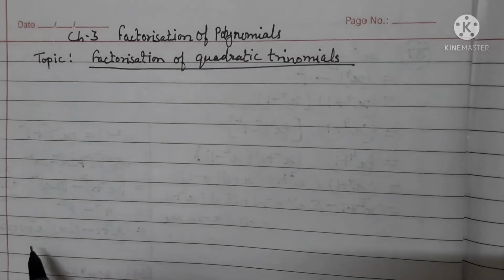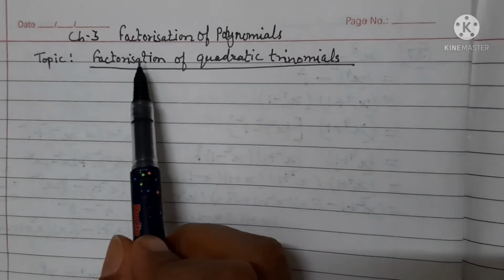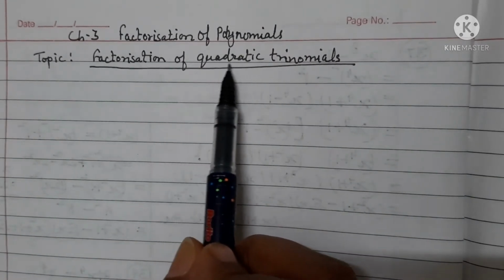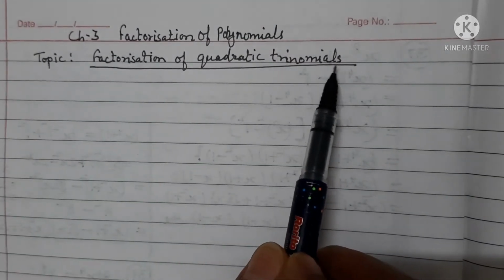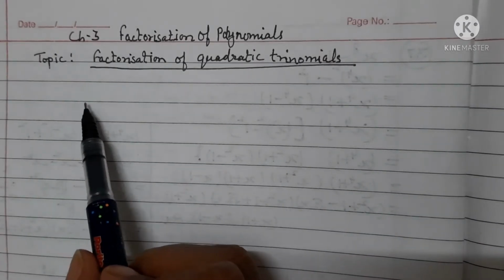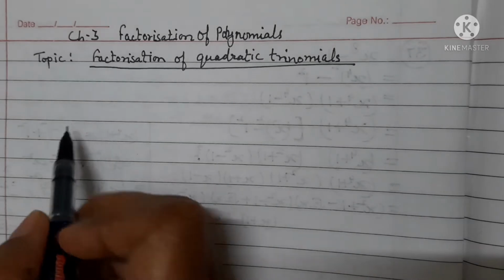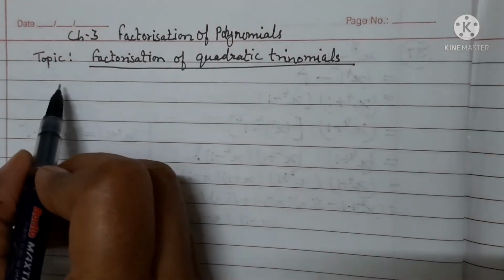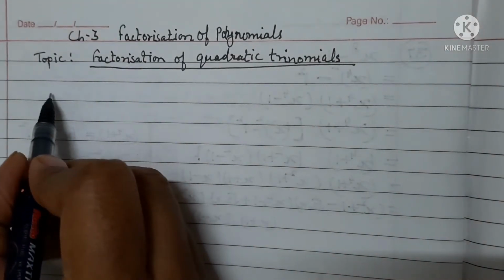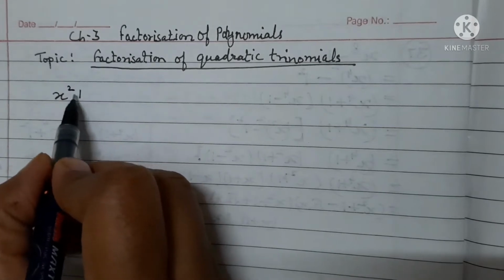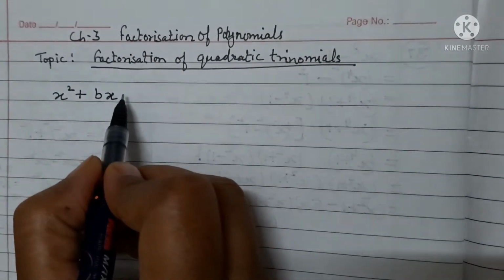Hello students, this is chapter 3 and we will take the topic factorization of quadratic trinomials. Students, you are already known with the factorization of quadratic polynomial like x square plus bx plus c.